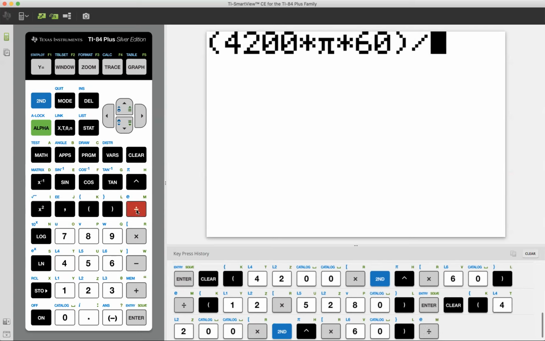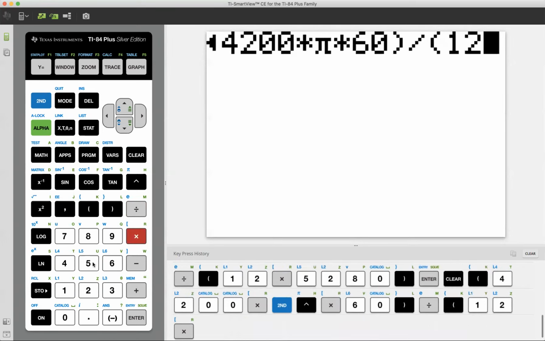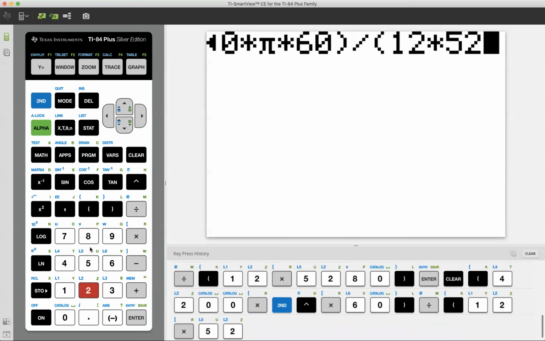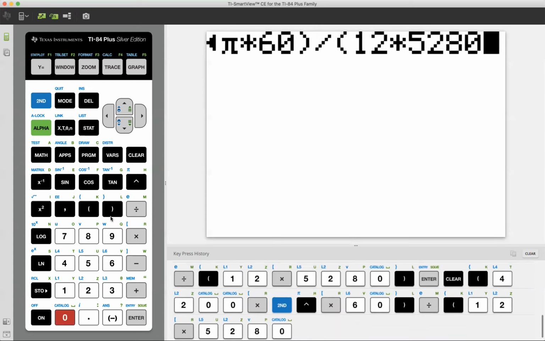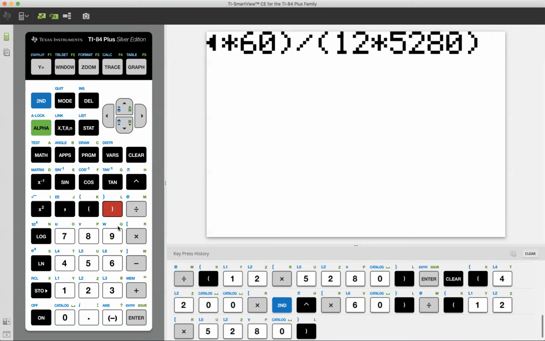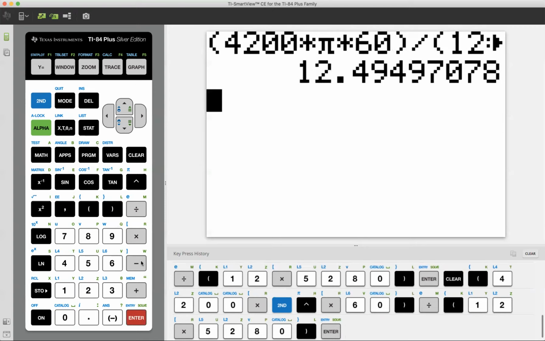And now divided by, and then open a new parenthesis for the numbers that are in the denominator, 12 and the 5,280. Okay. And then hit enter, and we get about 12.5, and that would be in miles per hour. And we've got it. We can write that in and call it good.